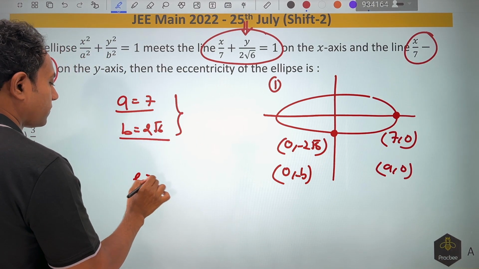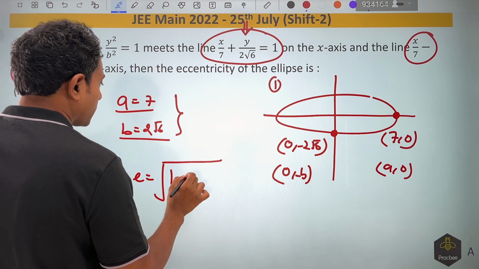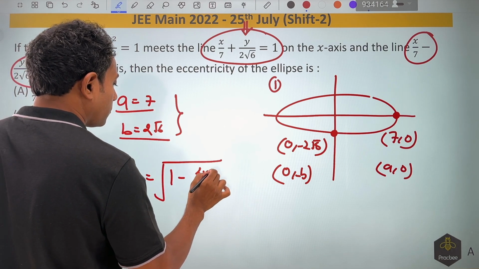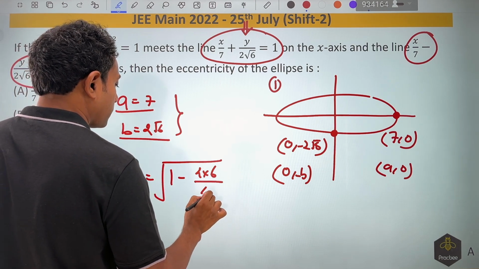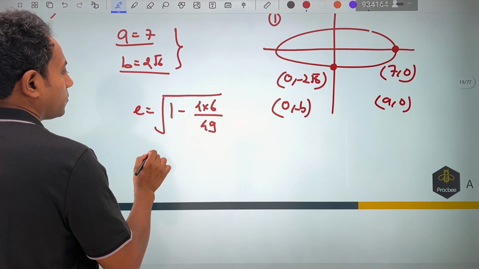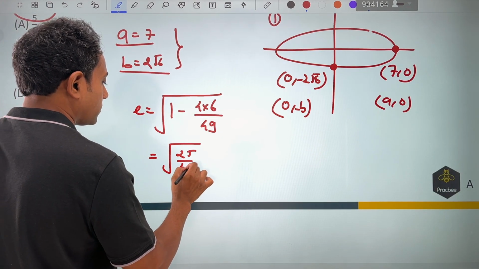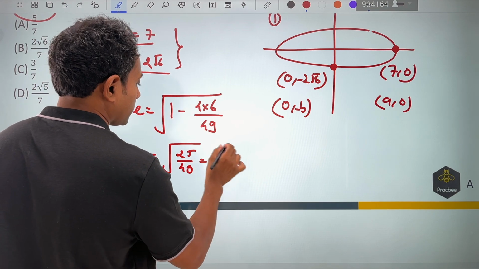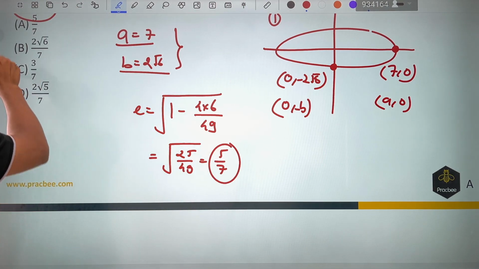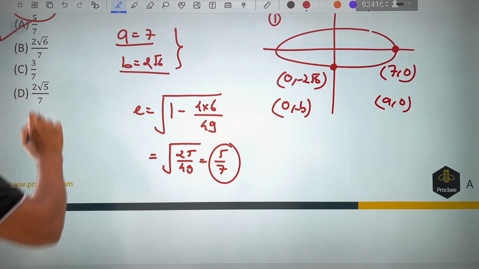Once you have got this, you can find the eccentricity. It is 1 minus b square, that will become 4 into 6 by 49. 4 into 6 is 24. So this will become 25 by 49. The answer comes out to be 5 by 7. Let us check the options. You can see that option A matches.